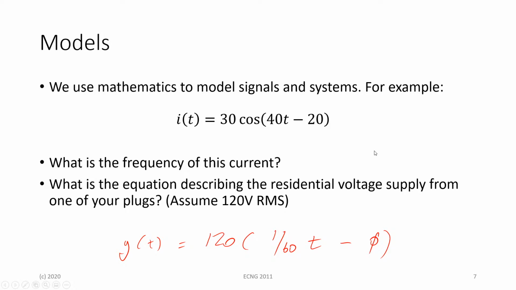The 1 on 60 here is basically frequency in relation to periodic time, in order to obtain your equations accordingly.